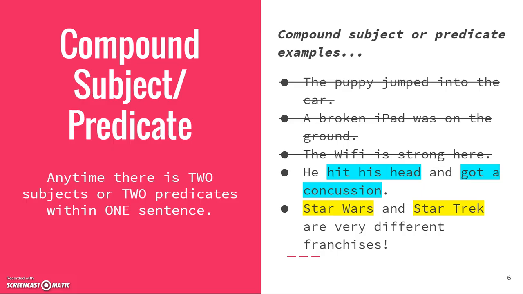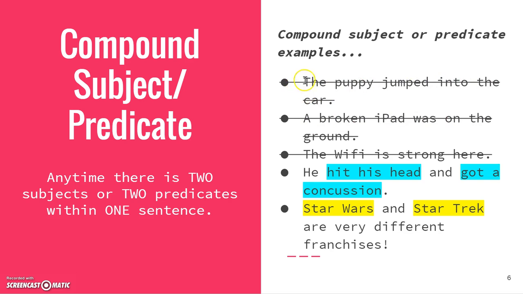Finally, we can graduate to compound subjects and predicates. This is not as hard as it sounds. It's just anytime there's two subjects or two predicates within one sentence. If we go back to our previous examples, those first three were just simple or complete.